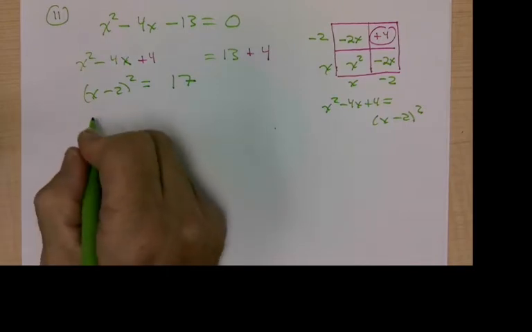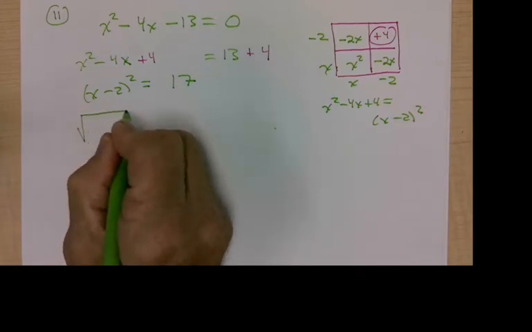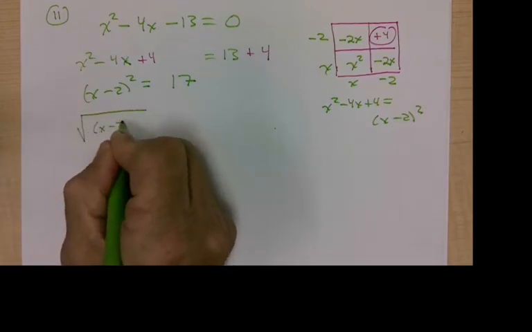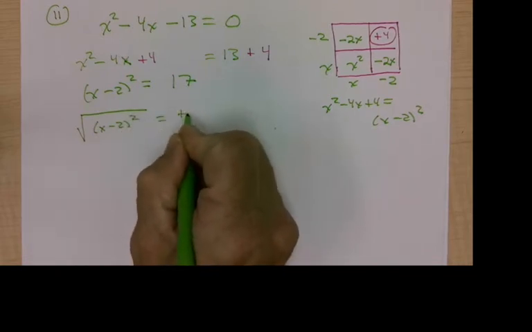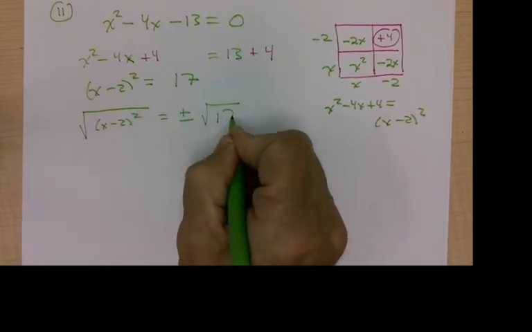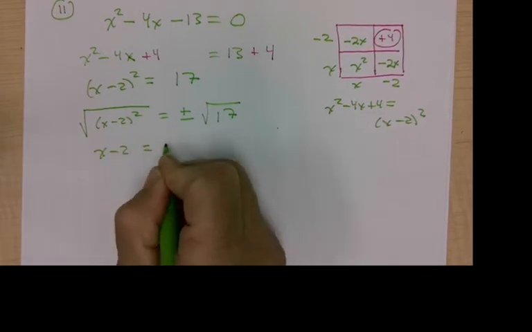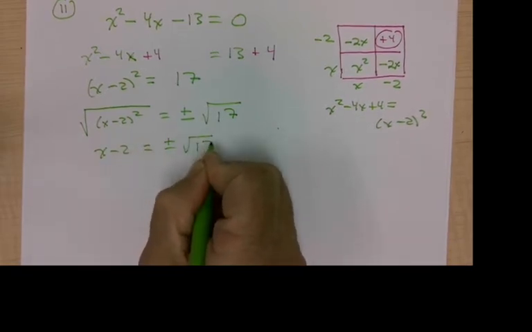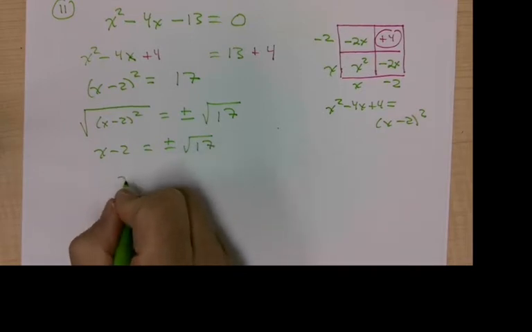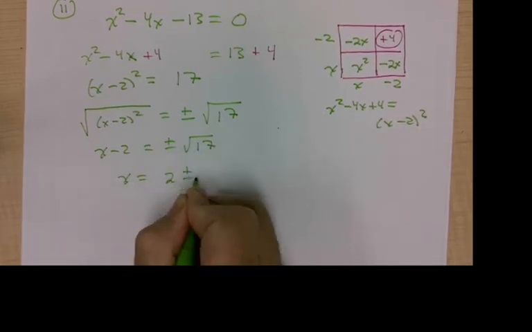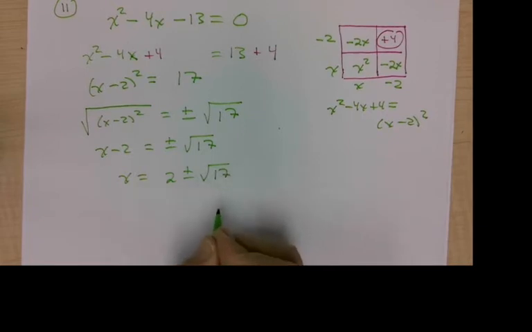So now let's take the square root of both sides, which really gives you absolute value, but I'm going to go ahead and write that as plus or minus the square root of 17. So I get x minus 2 is plus or minus root 17. Add 2 to both sides. X is 2 plus or minus root 17.